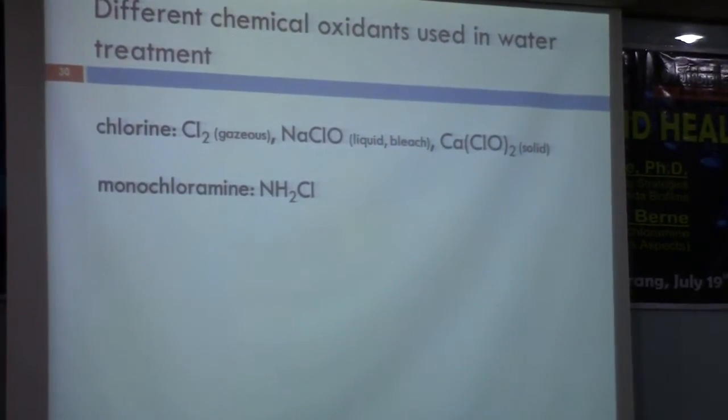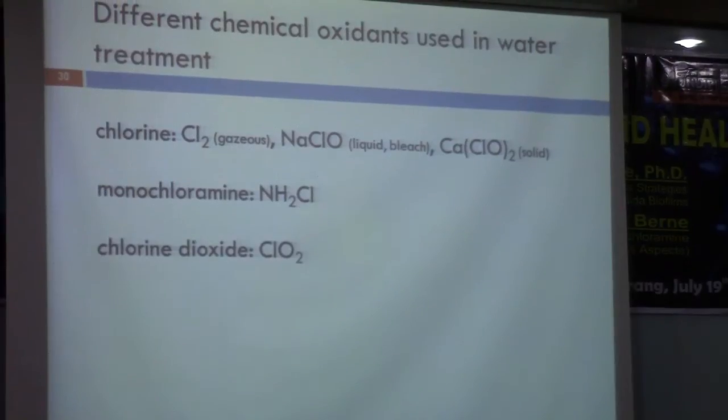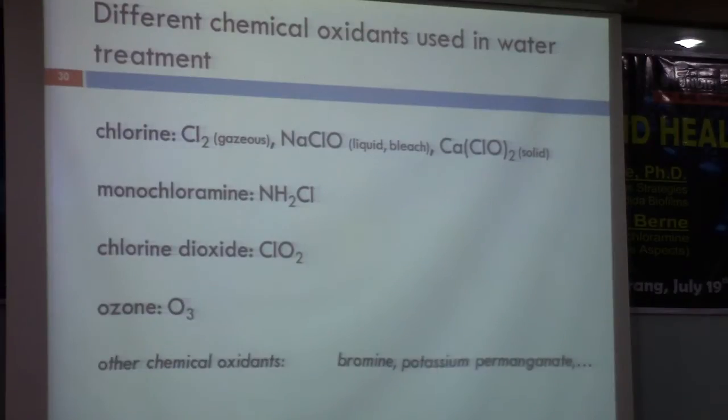Monochloramine is another form we can also use for drinking water treatment, as well as chlorine dioxide, ozone, and other chemical oxidants not used in drinking water treatment but for other applications, for example, industrial oxidation. Other available treatments are possible. They are mainly physical treatments, like UV or membrane filtration.